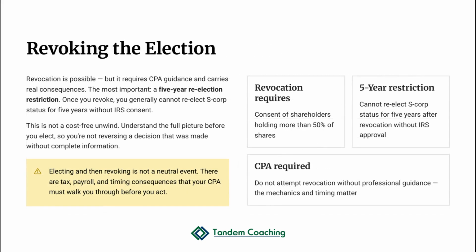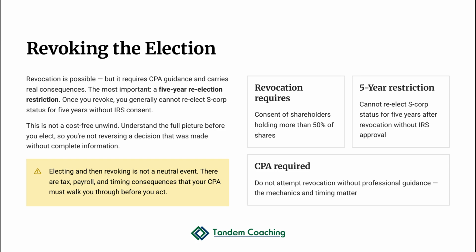Revoking an S-Corp election is possible, but it's not a cost-free unwind, and the restrictions matter. Revocation requires a written statement to the IRS signed by shareholders representing more than half the outstanding stock. For a single-member LLC, that's just you, but the procedural requirement still has to be met.